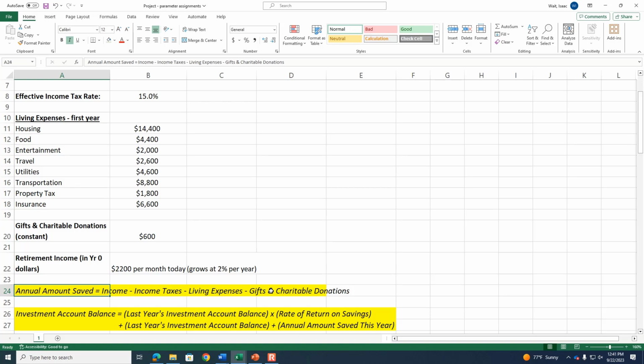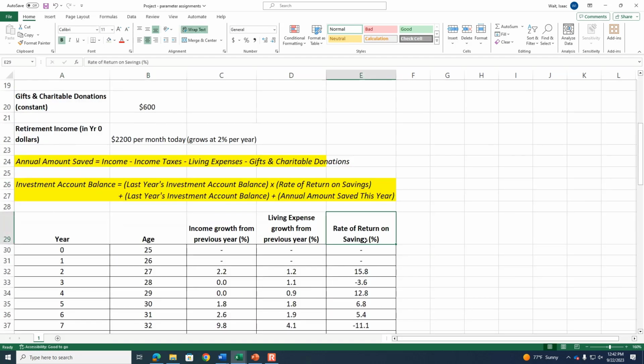If more money is coming in than going out, the balance will increase over time, particularly if there's a reaction happening inside that box. And the reaction that occurs in financial terms is compound interest. And so your investment account balance in a given year is the previous year's balance multiplied by the rate of return on savings, which is this column.